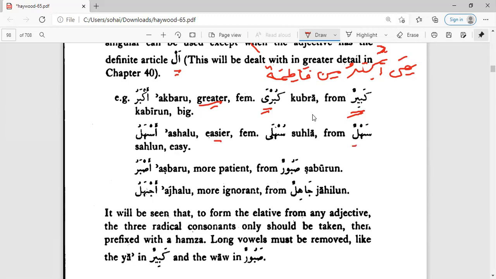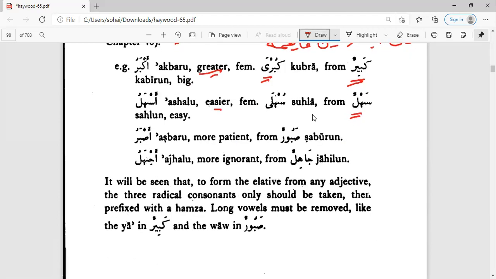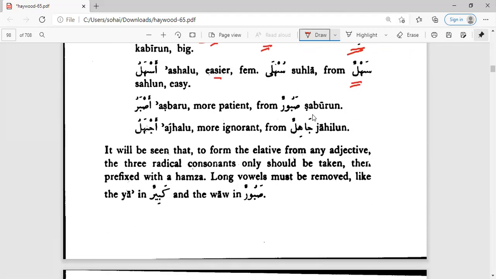It comes from Sahlun, which means easy. And also Asbaru means more patient, because we can't say patienter, so we say more patient. It comes from Saburun, means patient. Ajhalu, more ignorant. Again, we can't put -er, so we just say more ignorant. It comes from Jahilun.